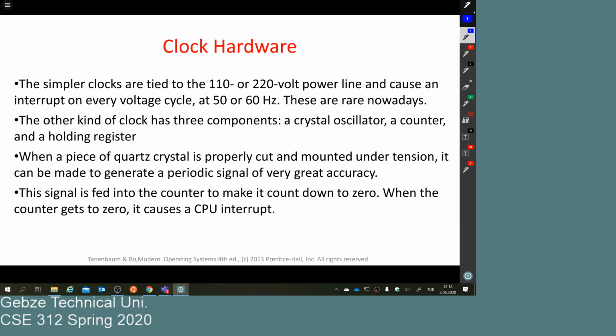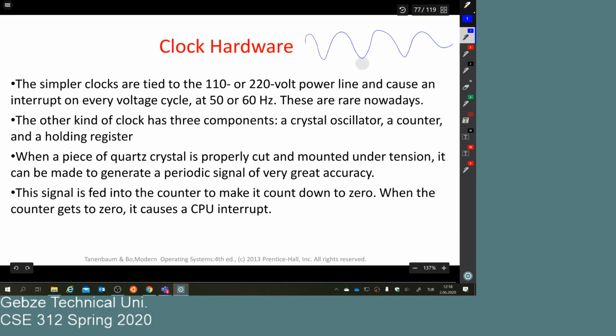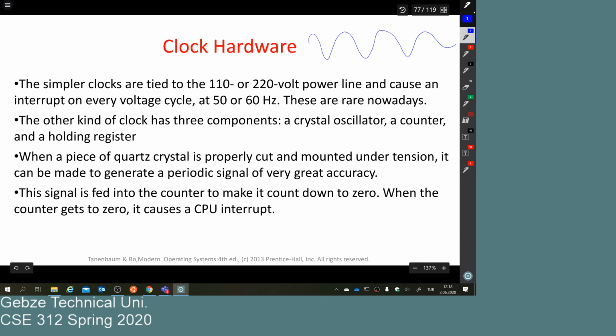Previously, in the 1950s, clock hardware was like this. Remember, our main power source, city power, is alternating current. It is like a sine wave. It goes from a negative number to positive number, negative number to positive number, and in USA usually its amplitude is 110 volts.